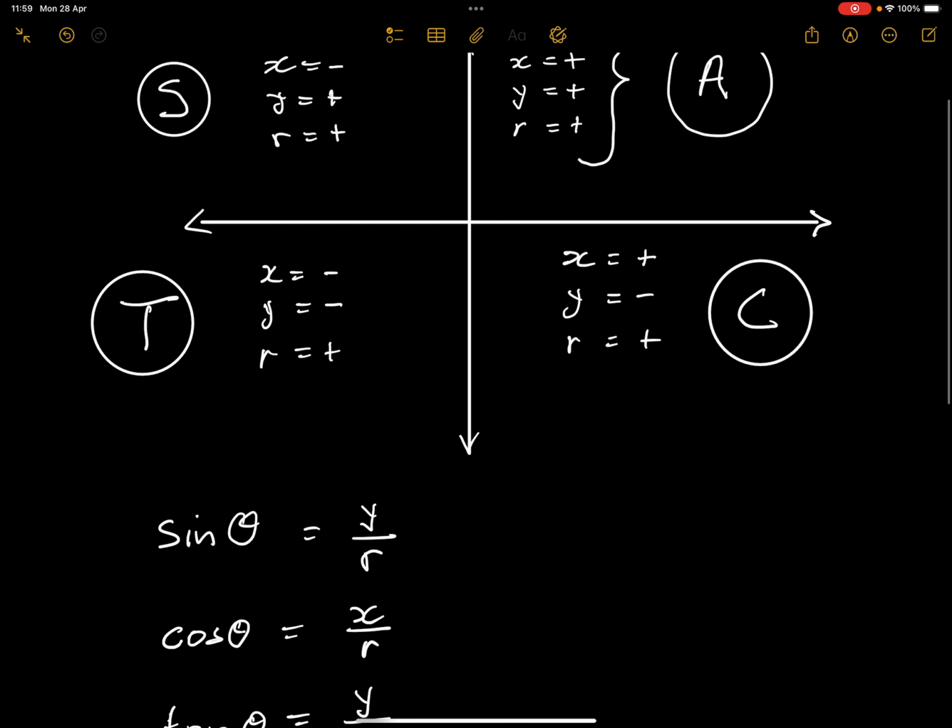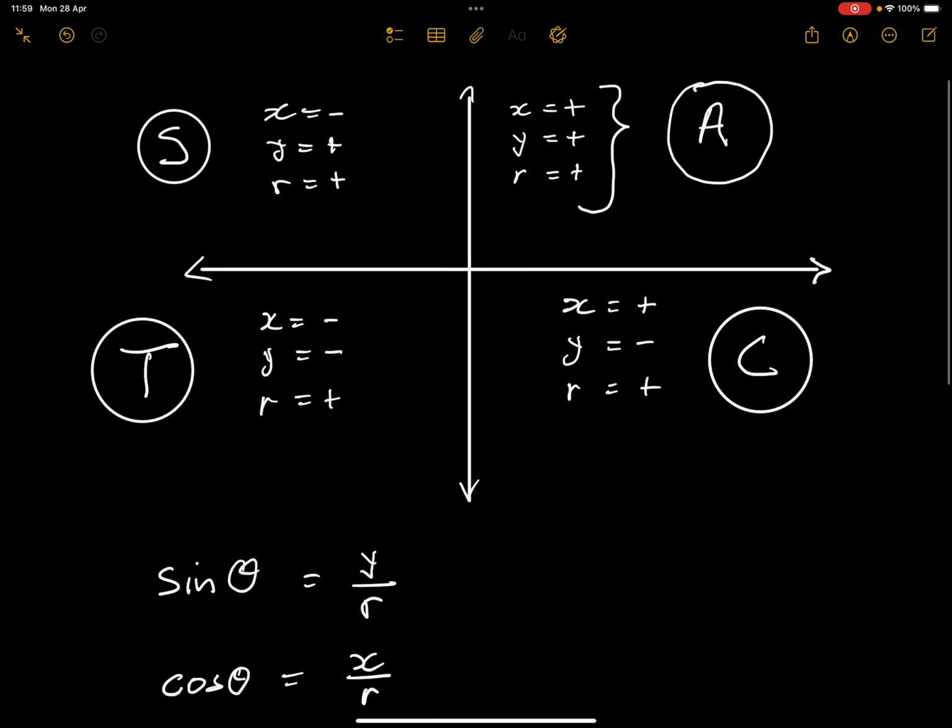Now, for those of you that do add the co-ratios, in fact, not the co-ratios, but the inverse functions, so your cosec as well as your sec as well. So remember that sec is the inverse of cos, and we know that cosec is the inverse of sine.